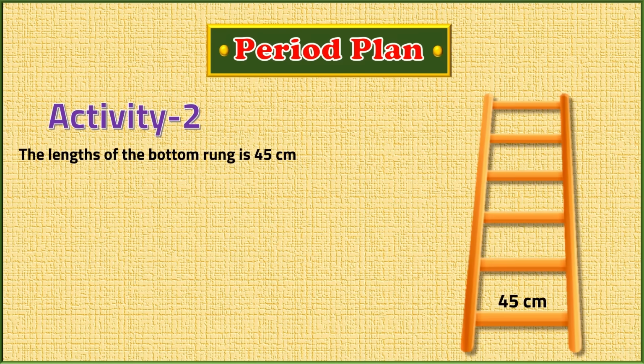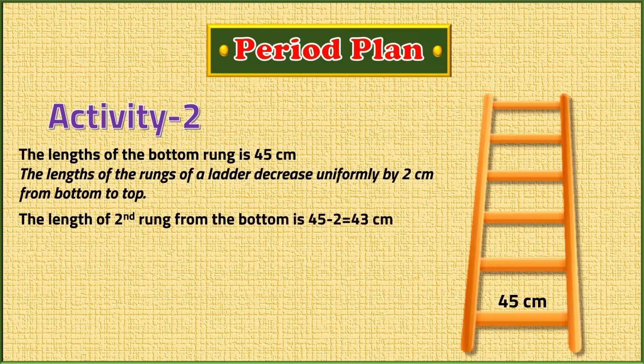Each rung above is 2 centimeters shorter than the rung just below it. So, what is the length of the second rung? 43 centimeters. How can you obtain it? Definitely they will reply that by subtracting 2 from 45, they get 43 centimeters.